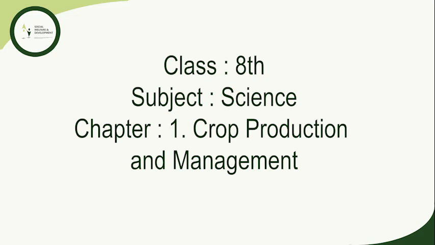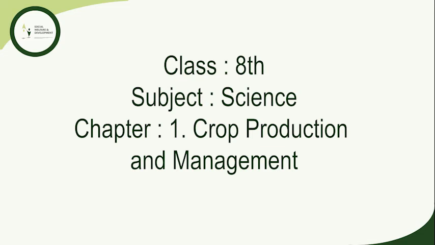So the differences between fertilizer and manures, I'm going to discuss about it. A fertilizer is a man-made inorganic salt, whereas manure is a natural substance obtained by decomposition of cattle dung and plant residues. Fertilizers are prepared in factories, whereas manure can be prepared in the fields.